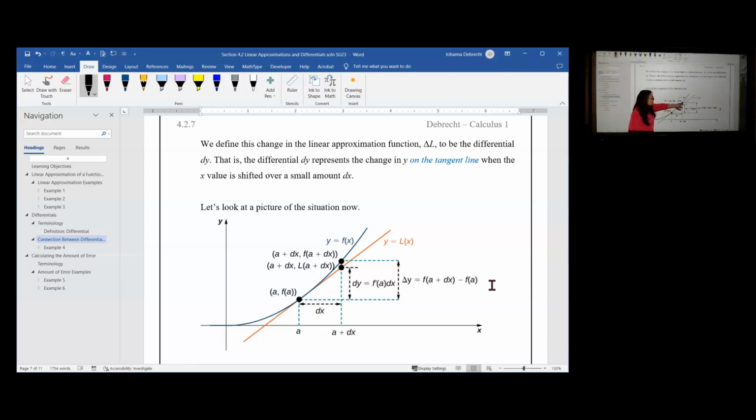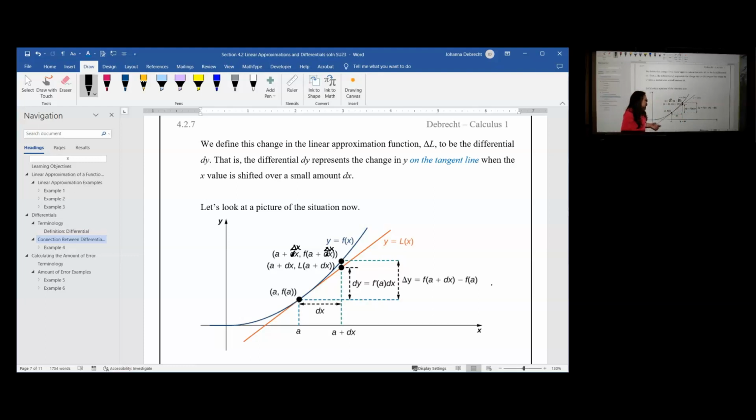Now let's look at the upper point on the actual function. Notice that it really should be a plus delta x and f of a plus delta x. However, they wrote dx.